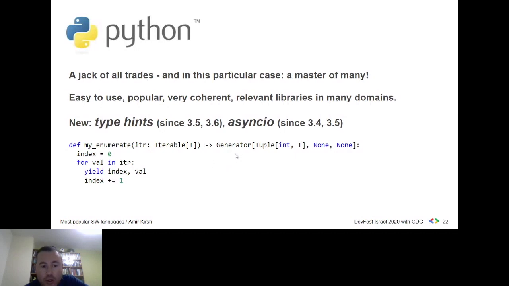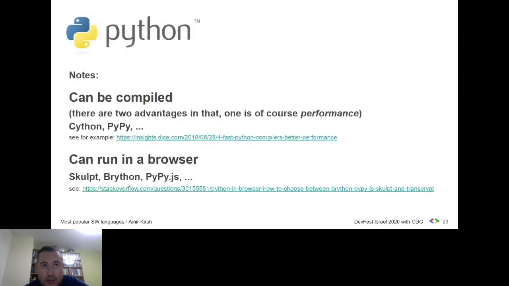But even your own code can be compiled and earn a significant performance boost. It can even run in the browser. Probably it would not be your choice for the browser because it's not well accepted yet. It might be as time passes, but there are projects which bring Python even to the browser.